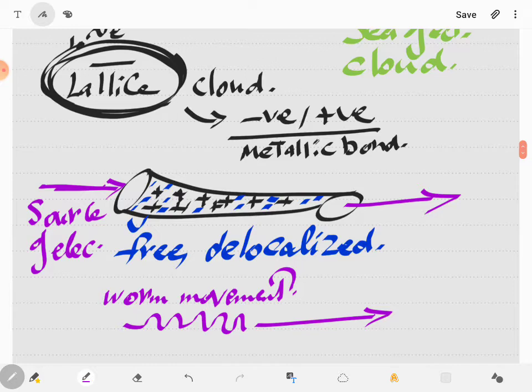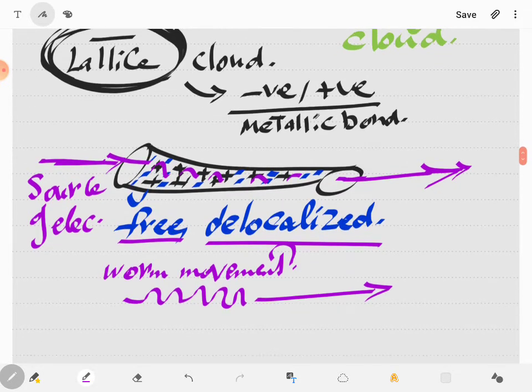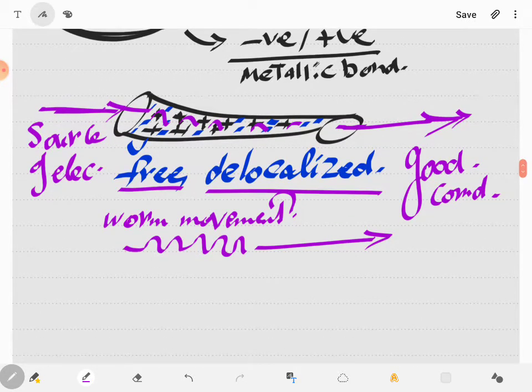The source of electricity will stimulate and excite the electrons, and they will move. They're free and delocalized, and they come out. So it's called a good conductor of electricity.